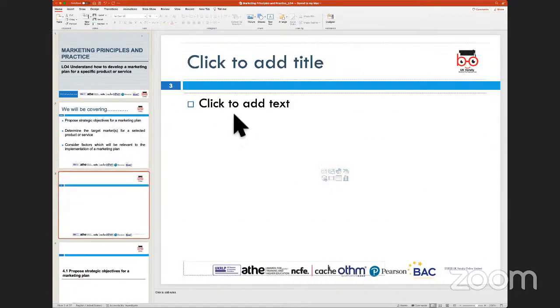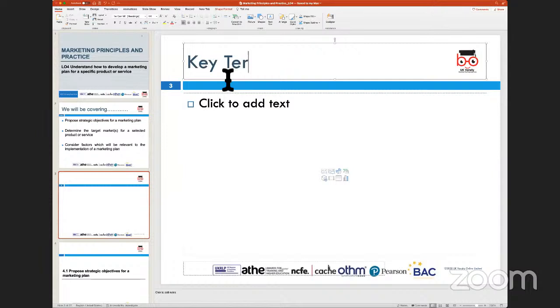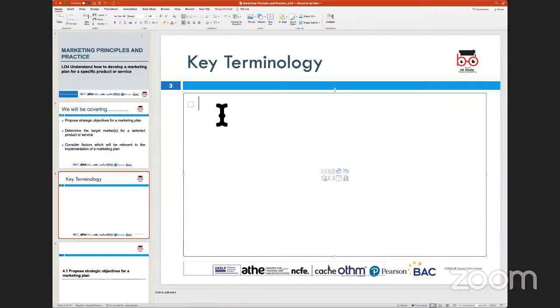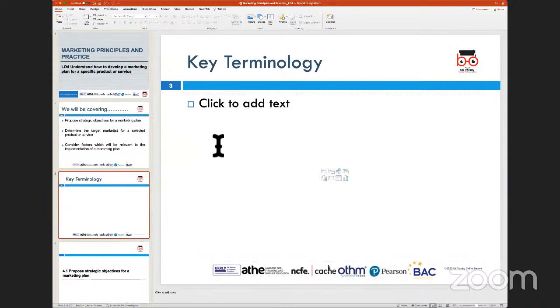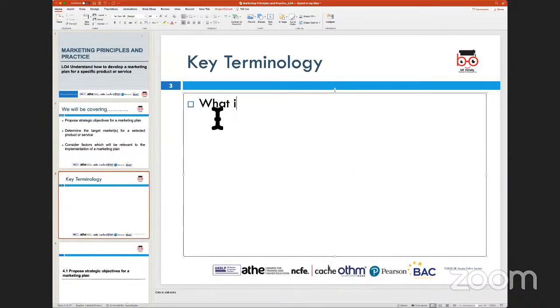Now, let's go into a bit of key terminology before I go into the detailing of the assessment criteria. One of the things that we want to refresh is what is segmentation. In the previous sessions, what I've talked about primarily is the process of segmentation.